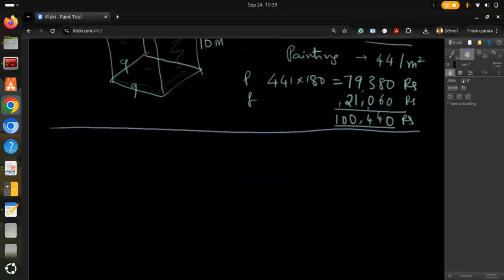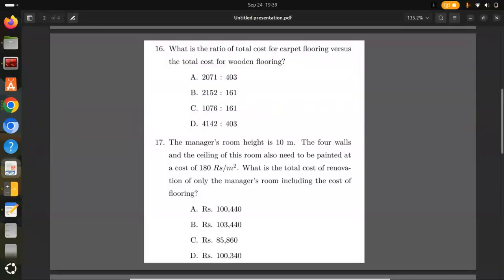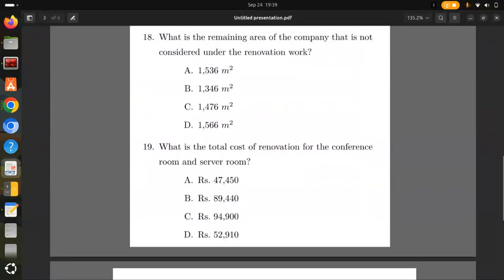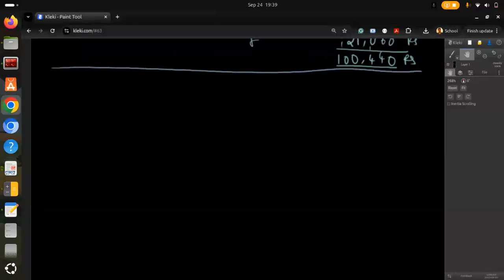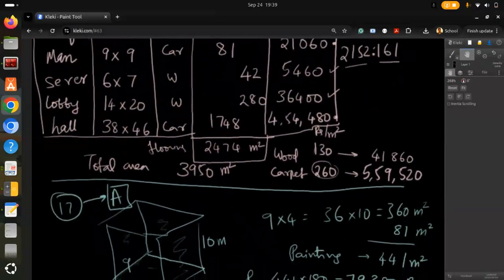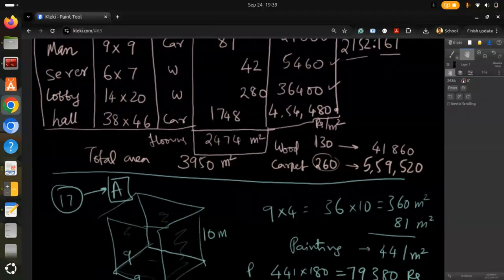So what is question number 18? Again, you can pause the video here. You can try to answer question number 18 yourself before trying out my answer so that you also get some practice. What is the remaining area of the company that is not considered under the renovation work? Remember, earlier the total area of the company is given and the flooring area is given.